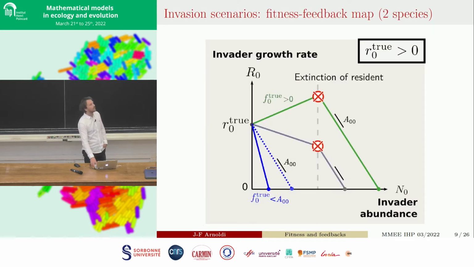All right. So if I go back to my two species case, what have we done? We basically looked at the graph of the growth rate function, large R, as a function of n naught. We have the intercept, that's the fitness, and we have the slope, which is the feedback.